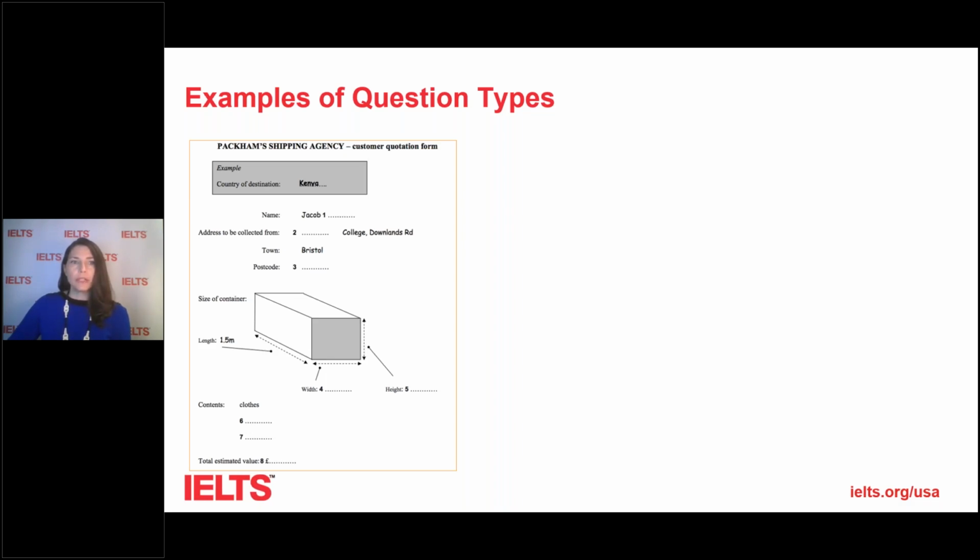It's a great idea to look before you begin, so you can identify where the numbers are at, and these form completion tasks are in order as you hear them. So you won't have an answer for number 7 before you have an answer for number 1.